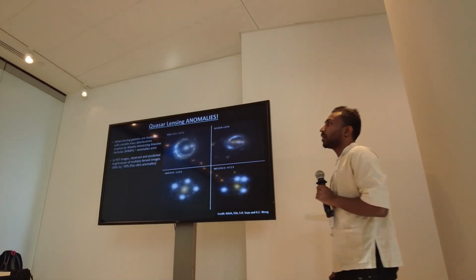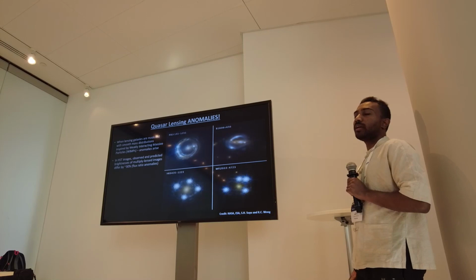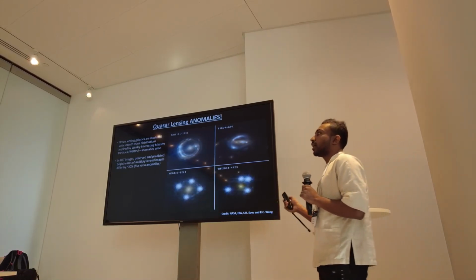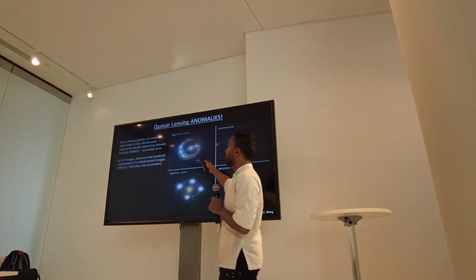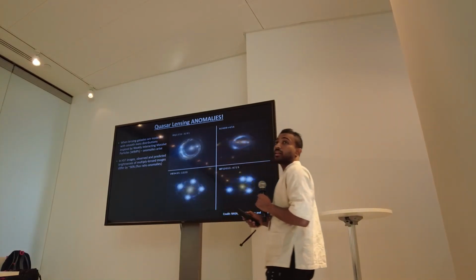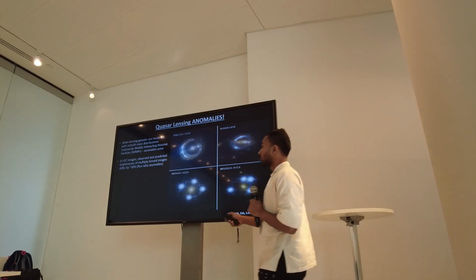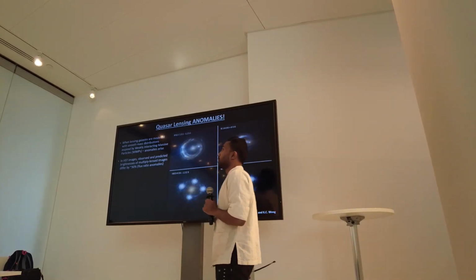So for almost 2 decades, astronomers have been plagued with a problem called flux anomalies. Now, in the simplest case of lensing, if you have a foreground galaxy lensing a point background source, like a quasar, you get 4 simple point-like multiply lensed images.